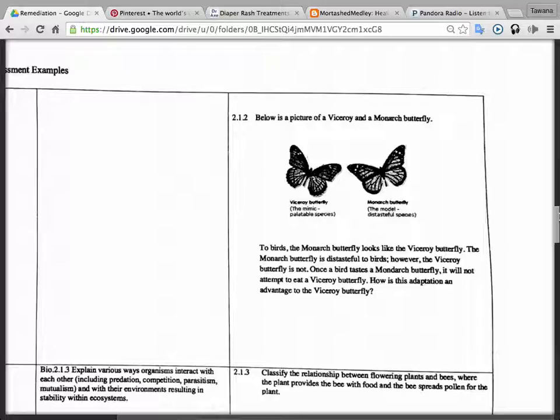How is this adaptation an advantage to the viceroy butterfly? No, it did not.